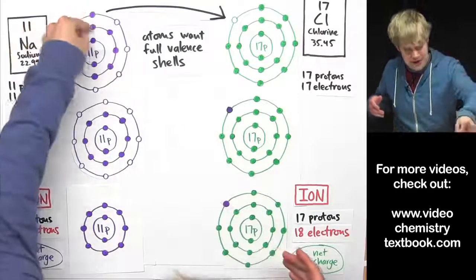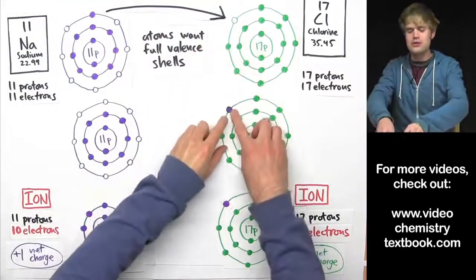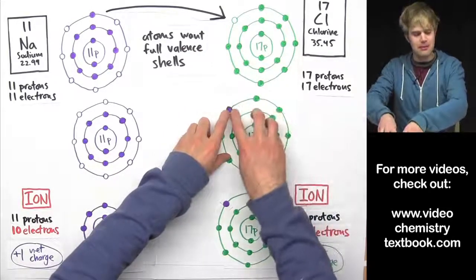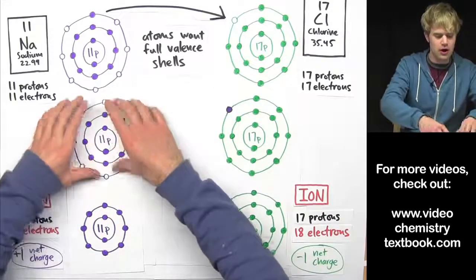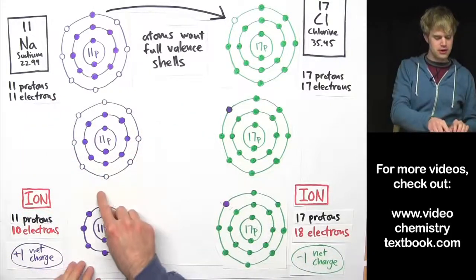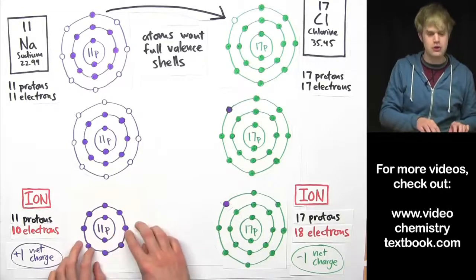So the electron here moves from sodium to chlorine. Now chlorine has 1 more. It has a full valence shell, and it's happy. Sodium empties out its valence shell, so it's almost like that old valence shell just disappears. We end up with this, and the new valence shell is totally full.